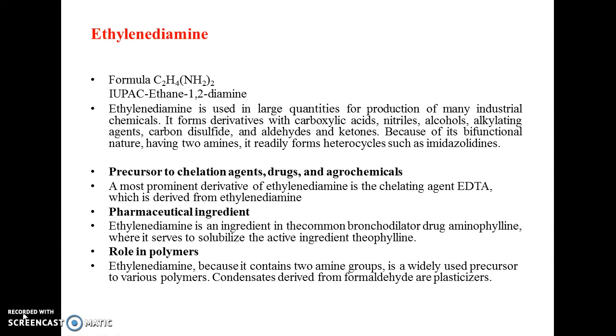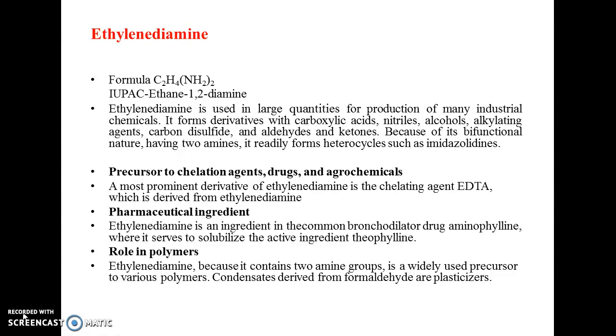Coming to the next one, ethylene diamine, where an ethylene group is attached and the two amino groups are present at the two terminals. Its IUPAC name is ethane-1,2-diamine. It is used in large quantities for the production of many industrial chemicals, as it forms derivatives with carboxylic acids, nitriles, alcohols, aldehydes and ketones.